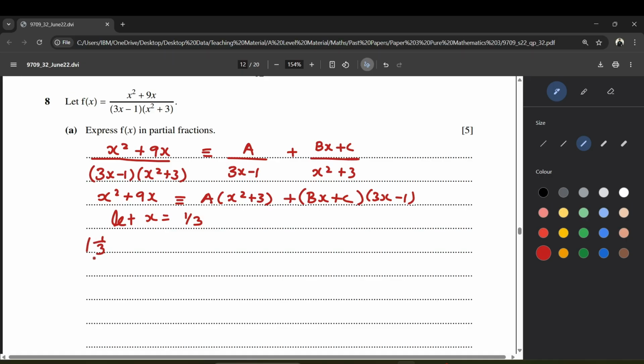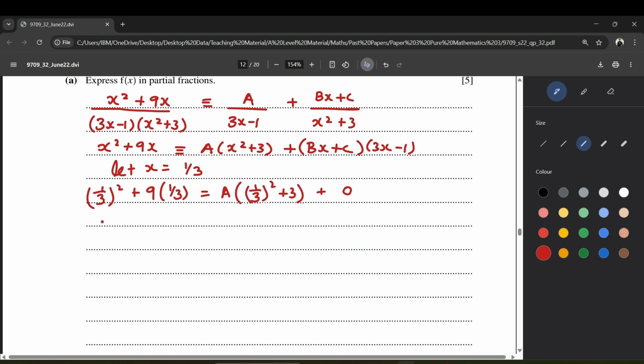So this is (1 upon 3) whole squared plus 9 times 1 upon 3 equals a times ((1 upon 3) whole squared plus 3) plus, because we know that when we substitute this will become 0, we can just write it as 0. Now 1 over 3 whole squared is 1 over 9, and 9 times 1 upon 3 is 3, equals a times (1 upon 9 plus 3).